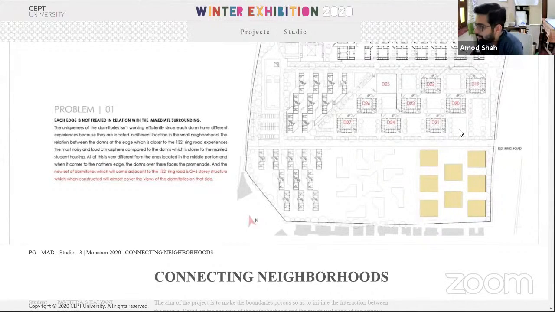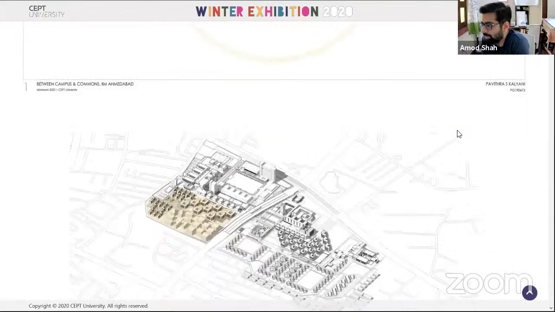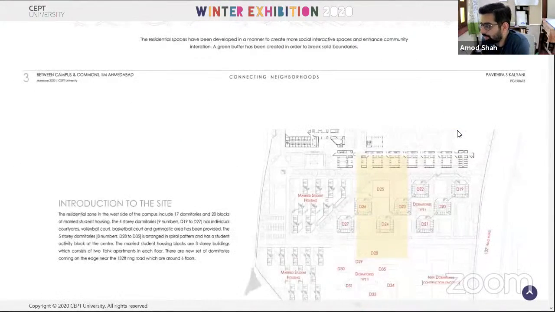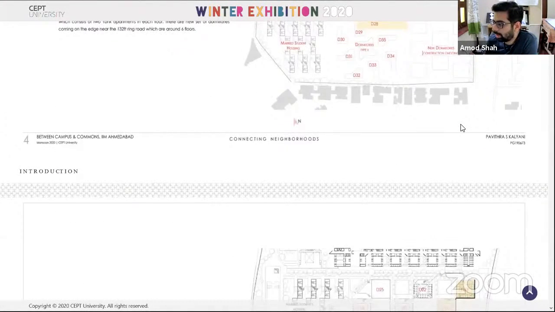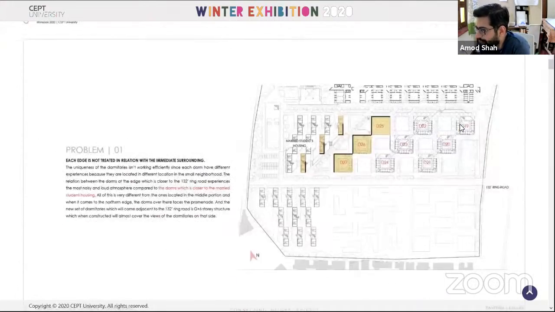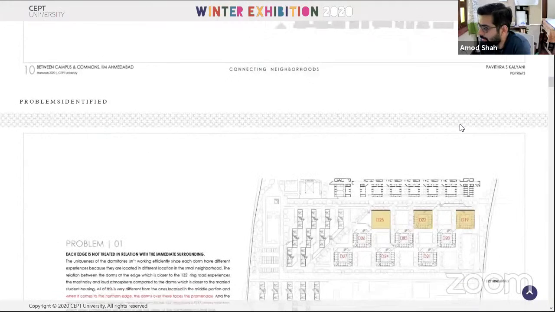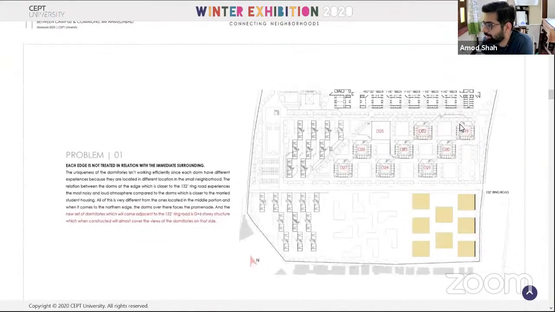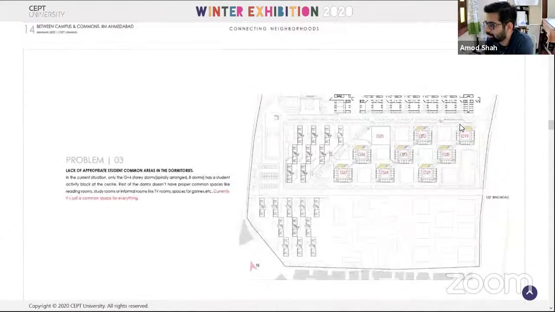And this is on the newer campus, and we had to be very critical about how these buildings function and what they respond to: the campus one, and the climate two, and how it supports the interaction between the students and the campus, and the students and the neighborhood. So Pavitra here analyzed all of these problems and modified these dormitory blocks by adding a few elements and subtracting a few activities on the ground.